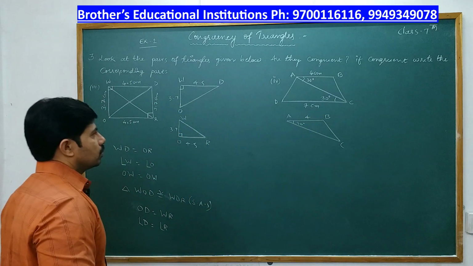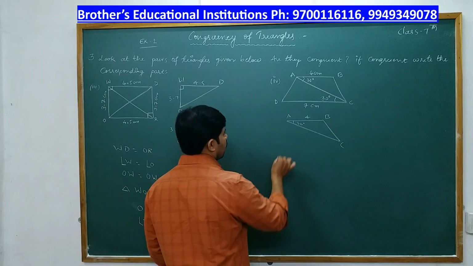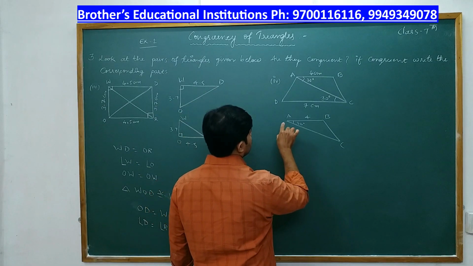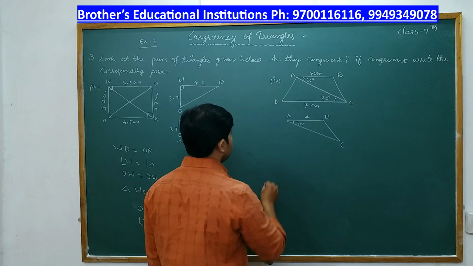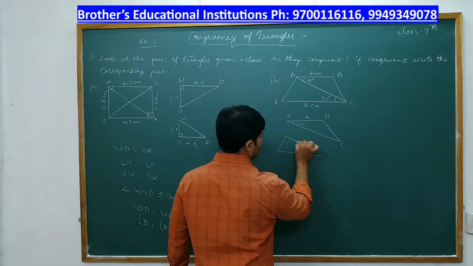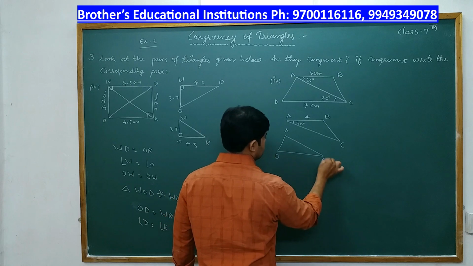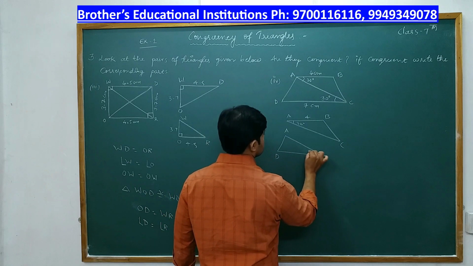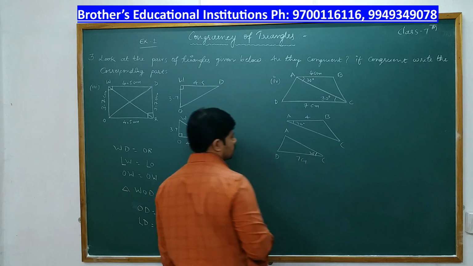And the other triangle we have, one we took with ABC, the other one will be ADC, and this is 30 degrees, but this is 7 centimeters, right?